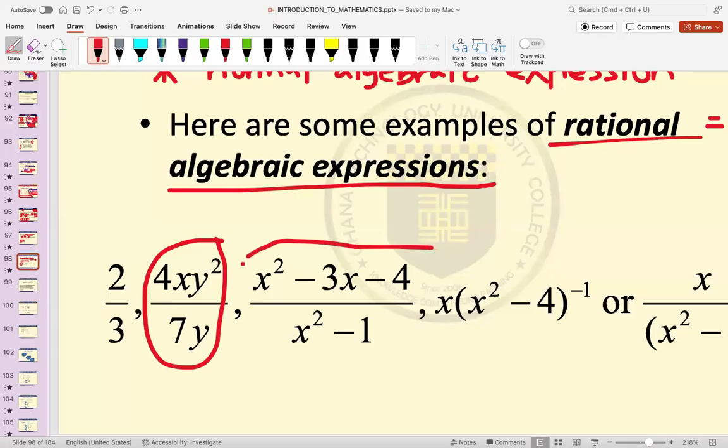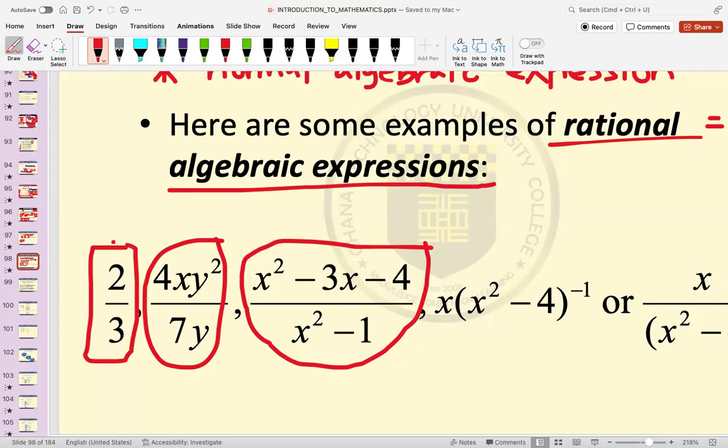Again, you can have expressions such as this, x squared minus 3x minus 4, all divided by x squared minus 1. If you have something like 2 over 3, this is a rational number, because 2 and 3 are integers.